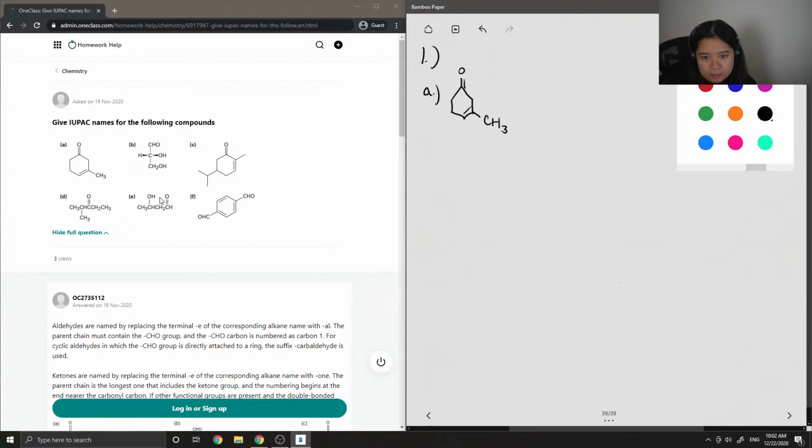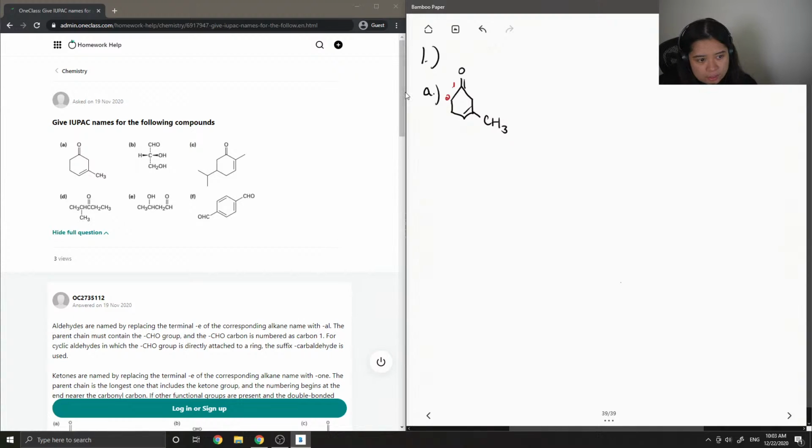Okay, so when I name compounds like this, I like to first number all of my carbons, starting with the most important group, which is this ketone. Let's number.